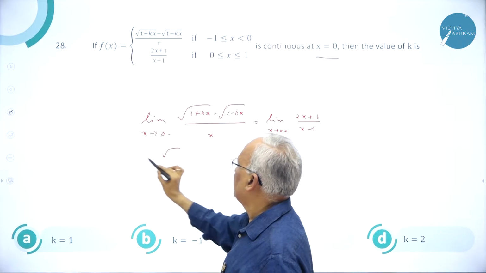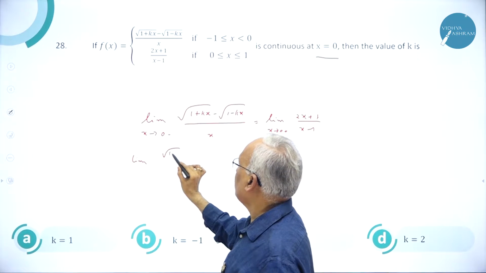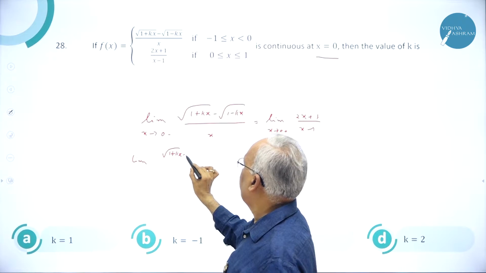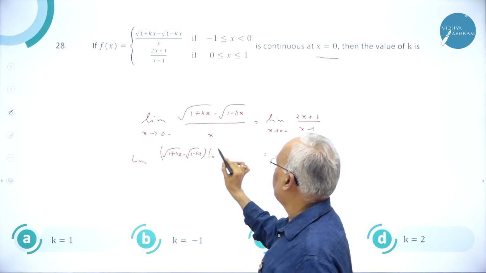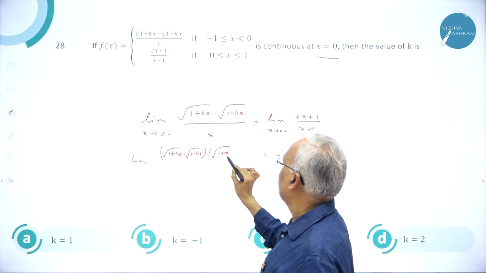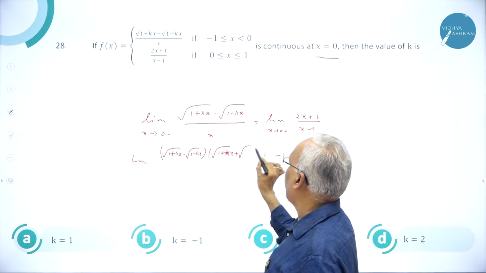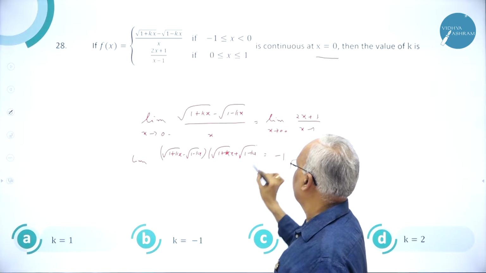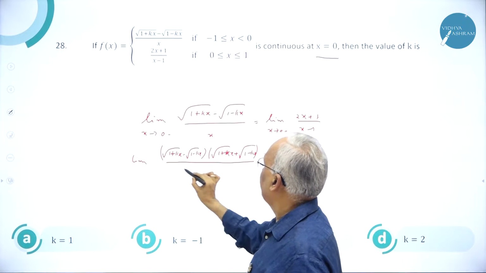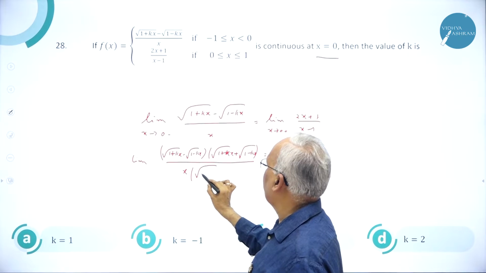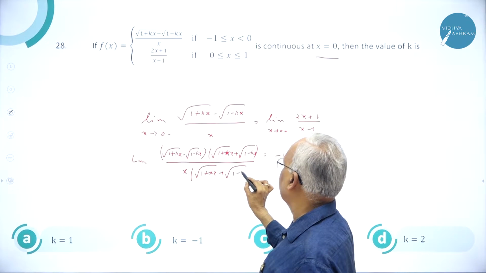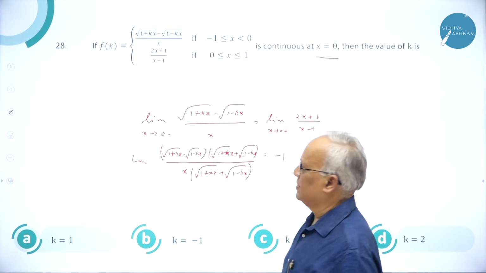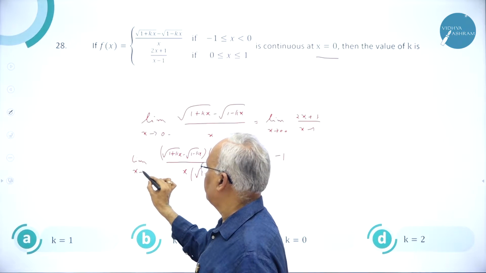See what you do: limit of (square root of 1 plus kx minus square root of 1 minus kx) into (square root of 1 plus kx plus square root of 1 minus kx) divided by x into (square root of 1 plus kx plus square root of 1 minus kx) as x tends to 0.